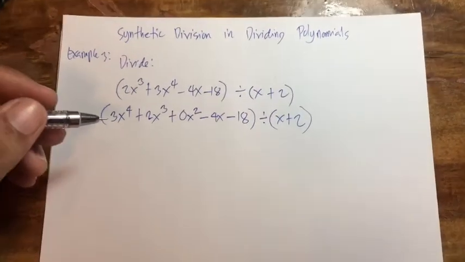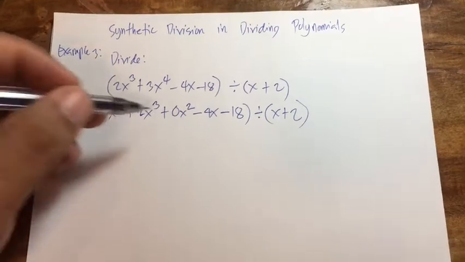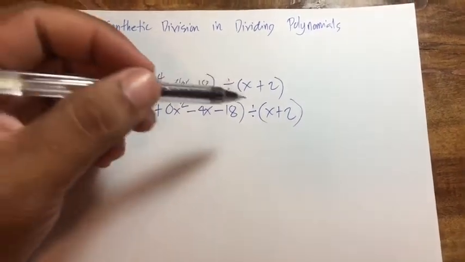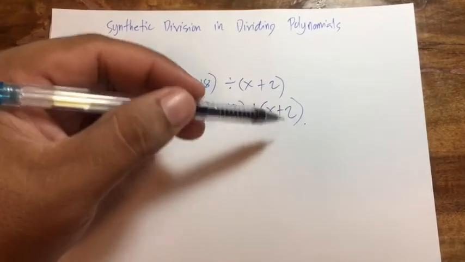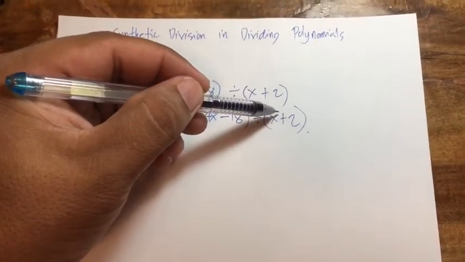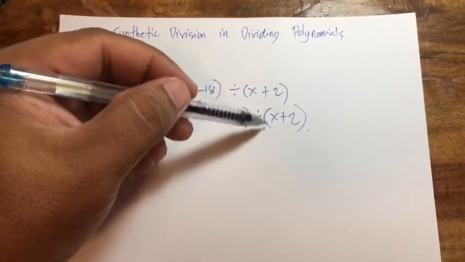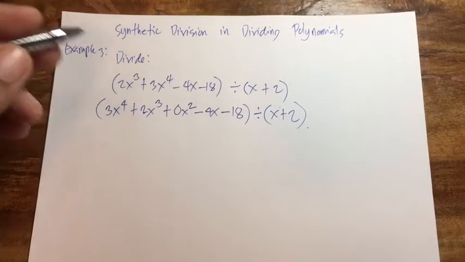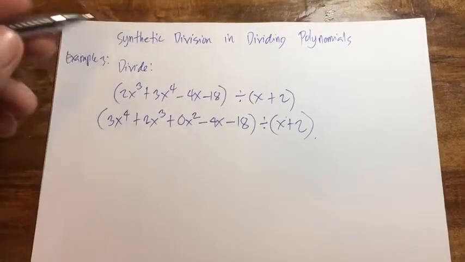I hope you are excited about synthetic division because it is really a shorter method, if again our divisor is a binomial and linear, with the exponent 1 and the leading coefficient 1. So we will write the numerical coefficients of our dividend.